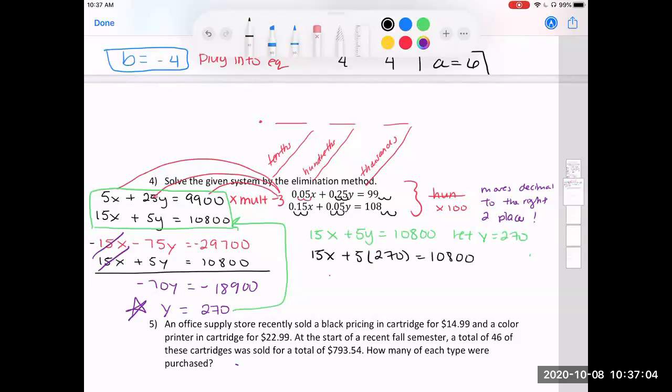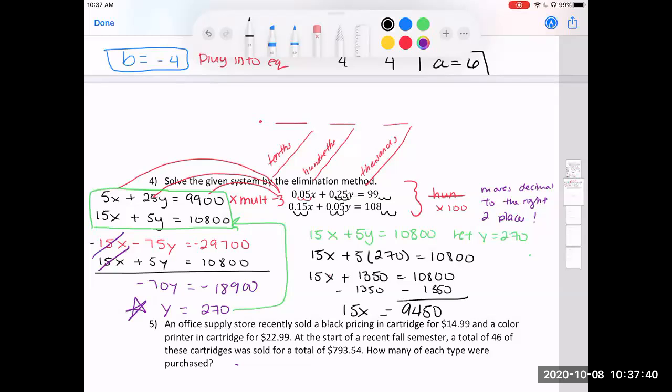10,800. Okay, 5 times 270 is 1,350. We subtract that 1,350. Let's use our calculator. 10,800 minus 1,350 is 9,450 equals 15x.